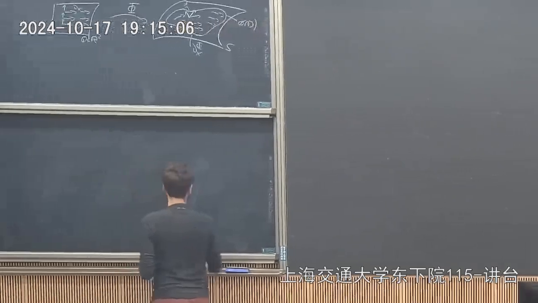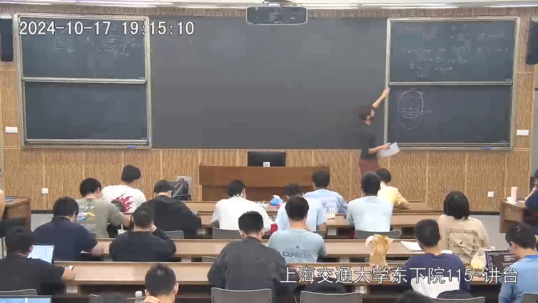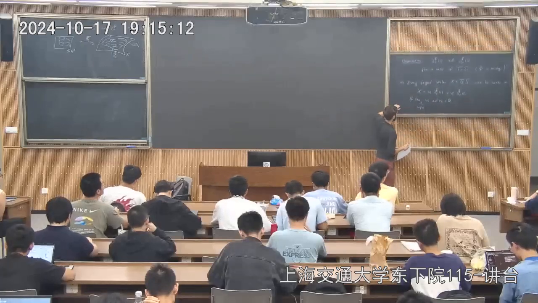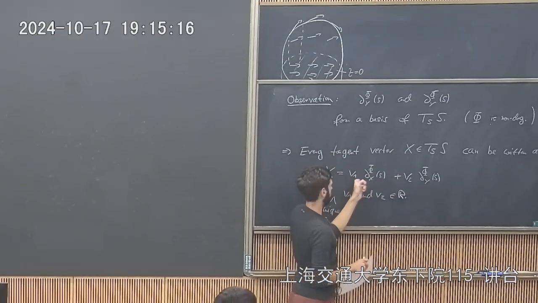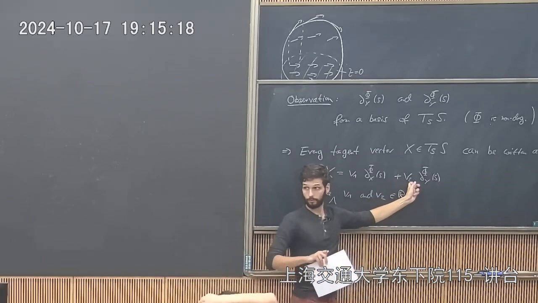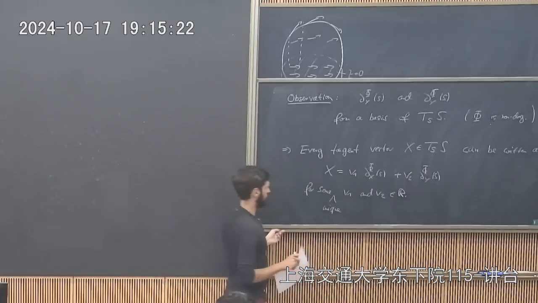Now we have almost done what we wanted to do, namely we managed to represent every vector in terms of two numbers, v1 and v2, using the chart.